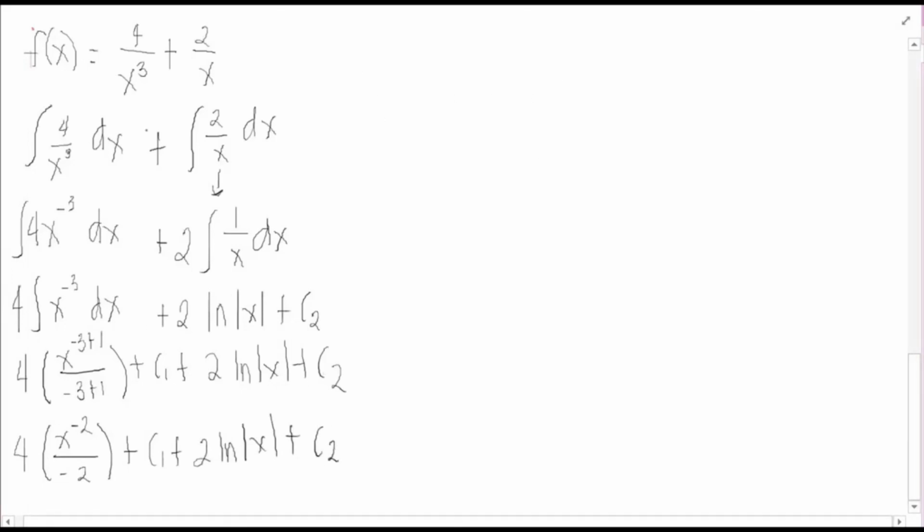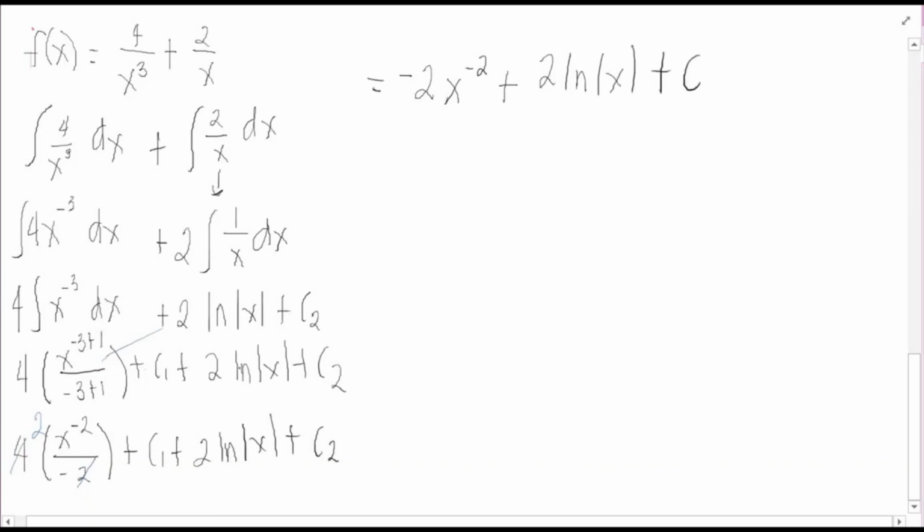So, pwede natin tong i-simplify. You can cancel this one. So, magiging 2 ito. And then, i-multiply natin si negative dito sa constant. Okay? So, magiging, this will be negative 2x raised to negative 2 plus 2 ln of x plus c.